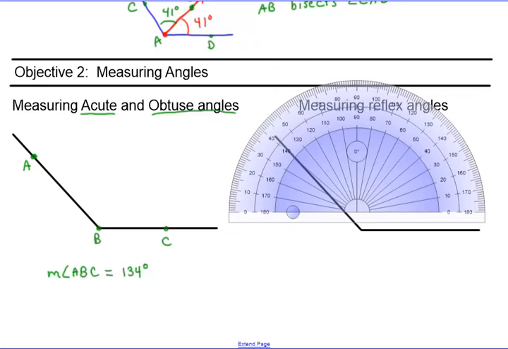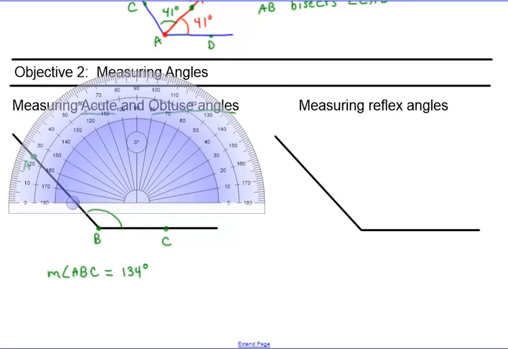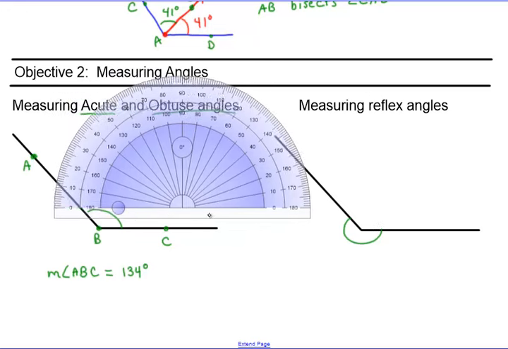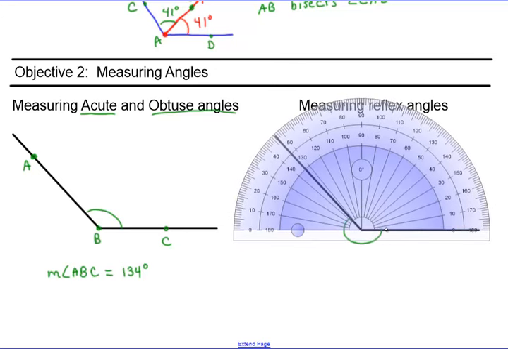But what we are going to do is a reflex angle. So remember, when we measure obtuse and acute angles, we're measuring the inside, so to speak. If we're going to talk about a reflex angle, we're going to be measuring the outside. So that would be this distance around. Takes a little bit more thinking, but it's okay. So you're going to put the protractor in the same spot. Now, this time, you could do one of two things.